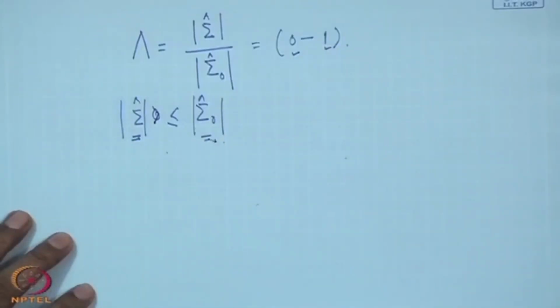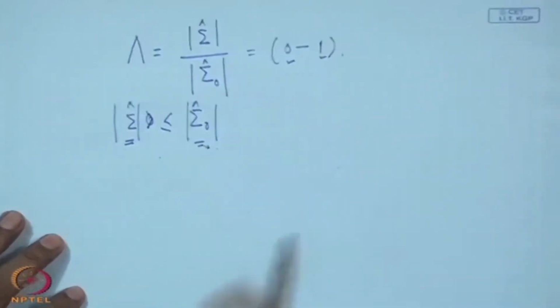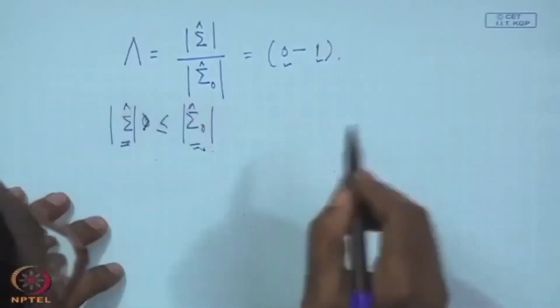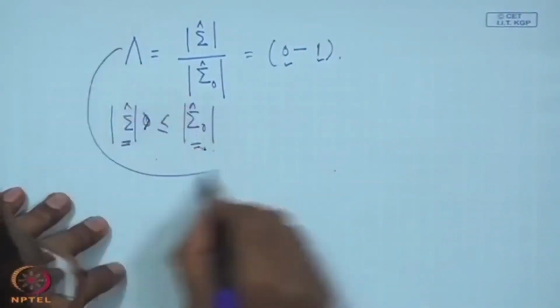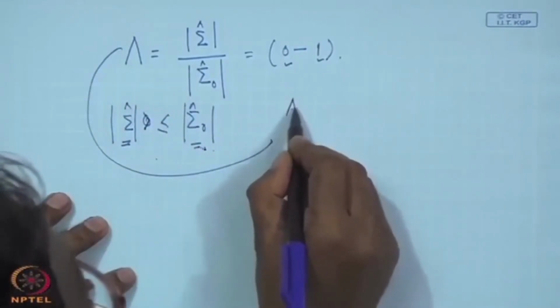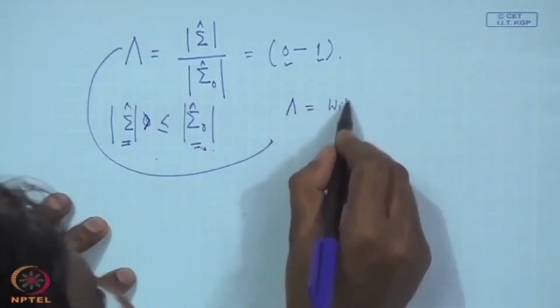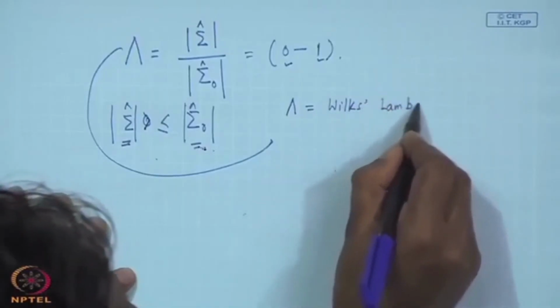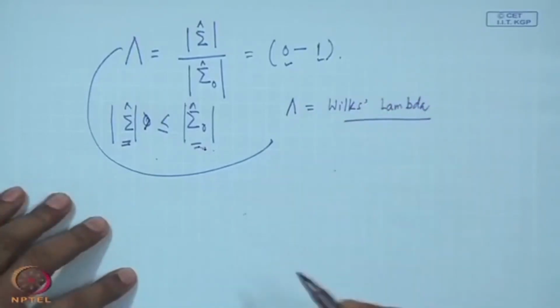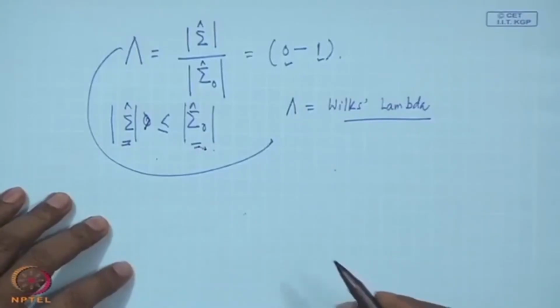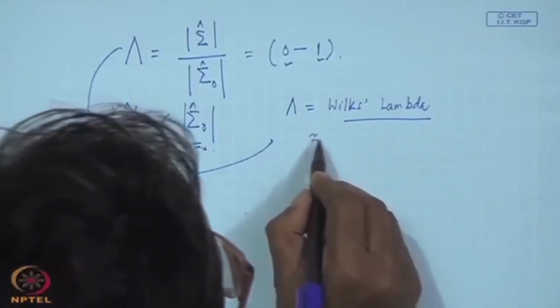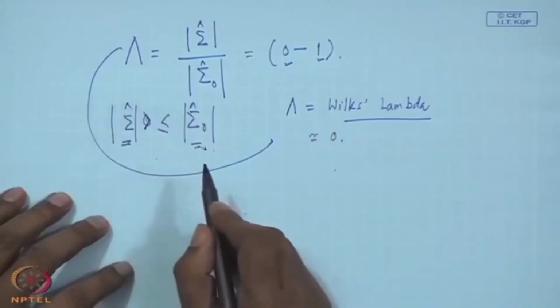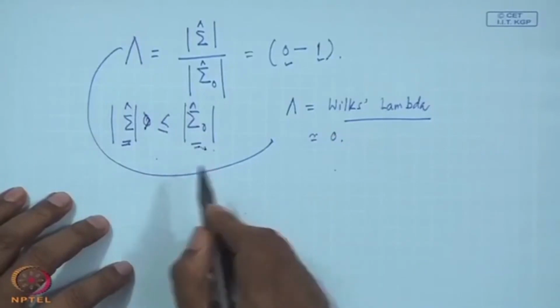Okay. So what does it indicate? This lambda is known as Wilks' lambda, that you have tested in a MANOVA. If this value is sufficiently close to 0, then what is it indicating?